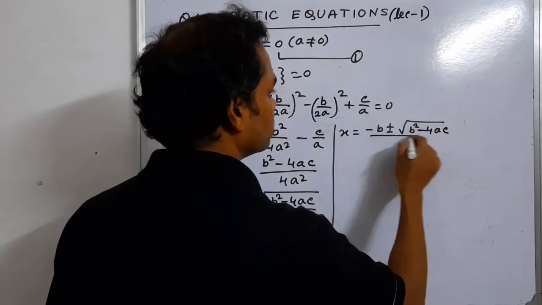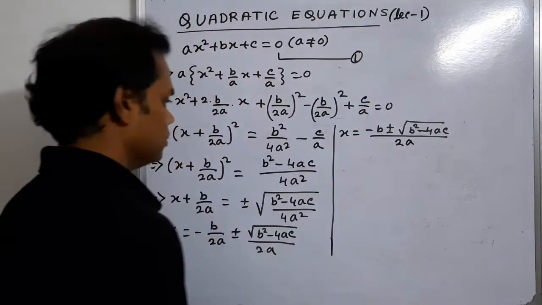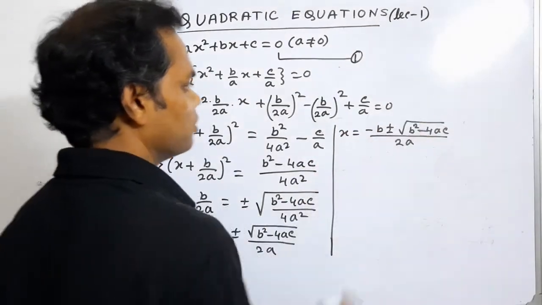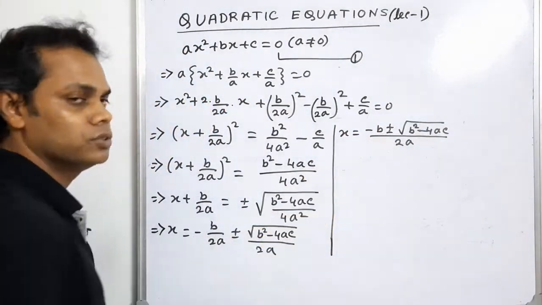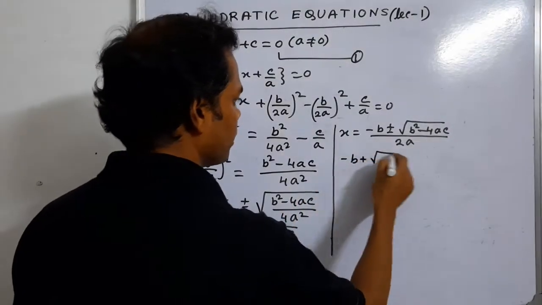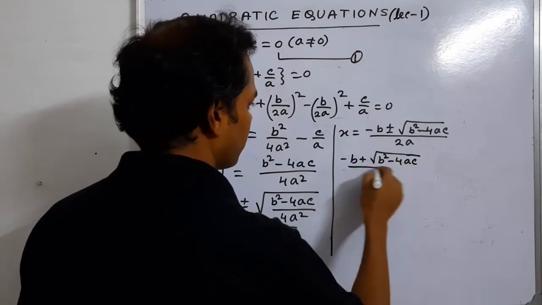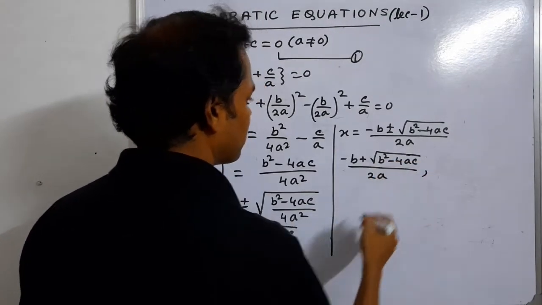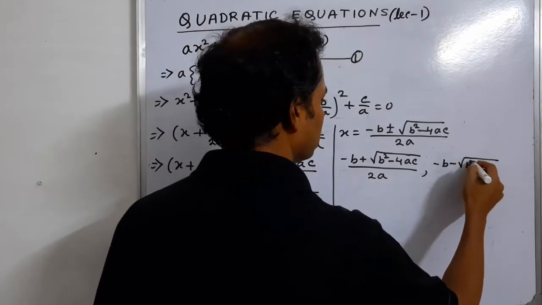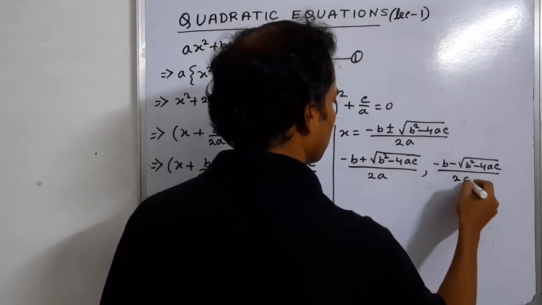So x equals minus b plus minus square root of b square minus 4ac by 2a. So one root is minus b plus square root of b square minus 4ac by 2a, and the other root is minus b minus square root of b square minus 4ac by 2a.